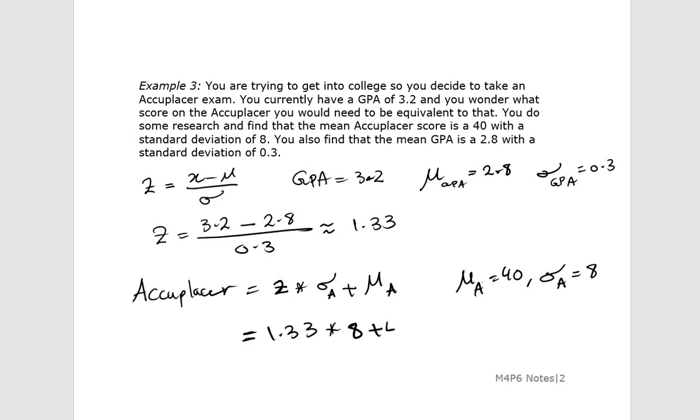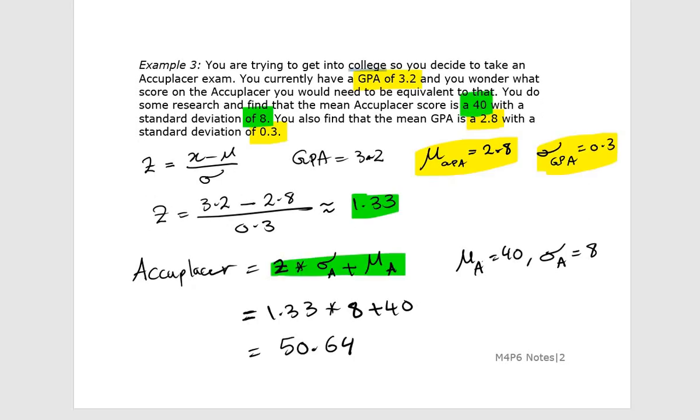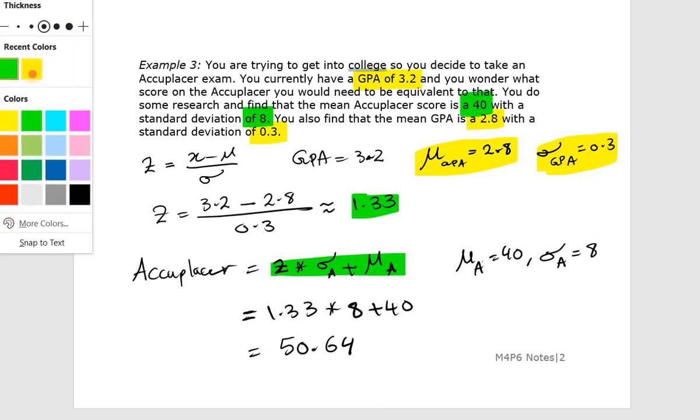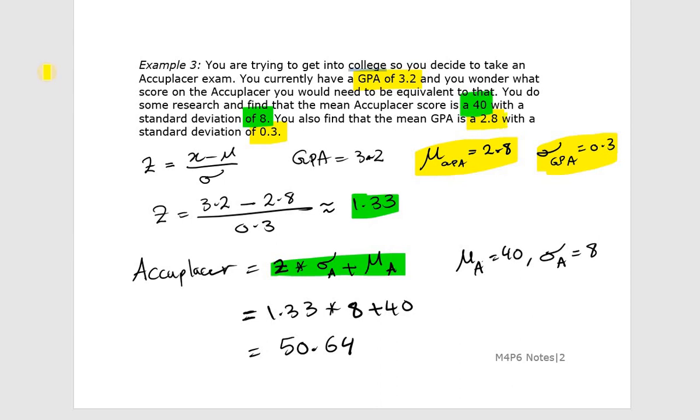To summarize, first we're going to compute your z-score, turn your GPA into a z-score, standardize it. We know that the GPA is 3.2 and the average GPA is 2.8, and the standard deviation for the GPA is 0.3. We're going to use these numbers in the formula to convert your GPA into a z-score.